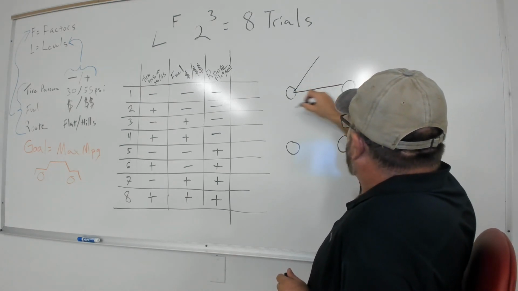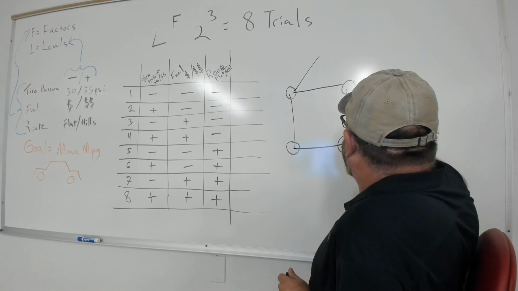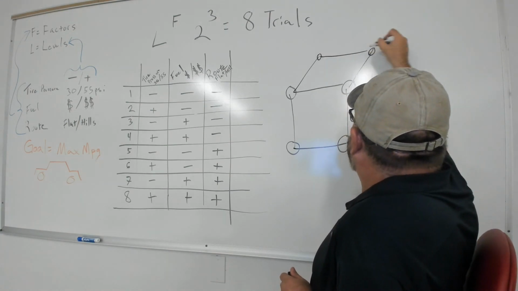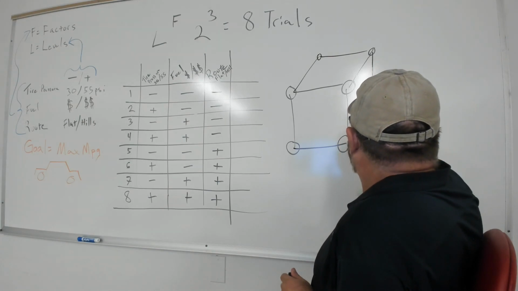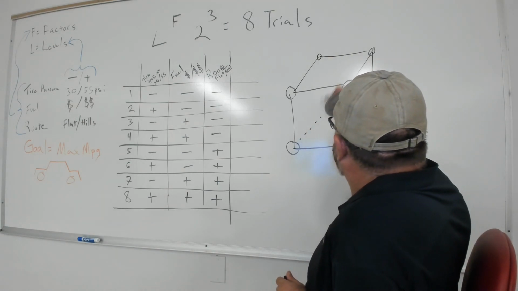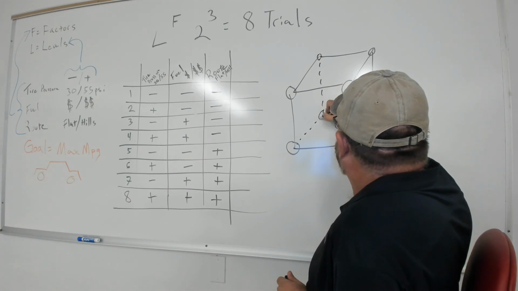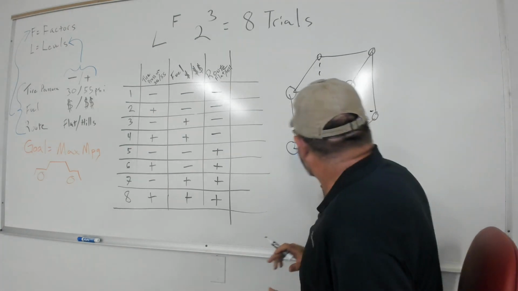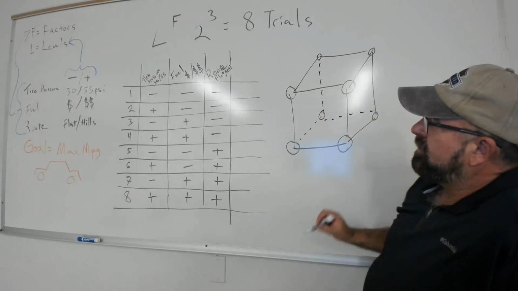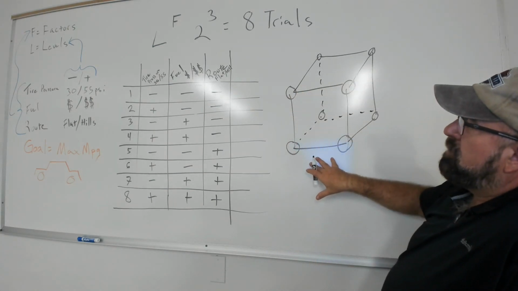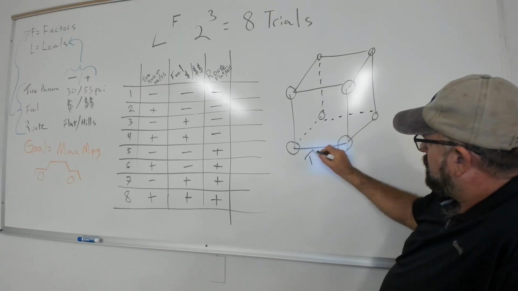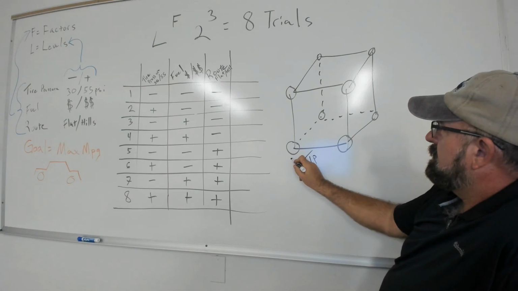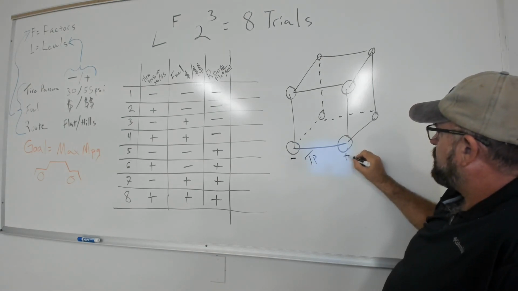So if you can imagine, this is a box which encompasses your entire design space. In this case, you would be manipulating tire pressure, let's call it TP, and we've got our low tire pressure and our high tire pressure.